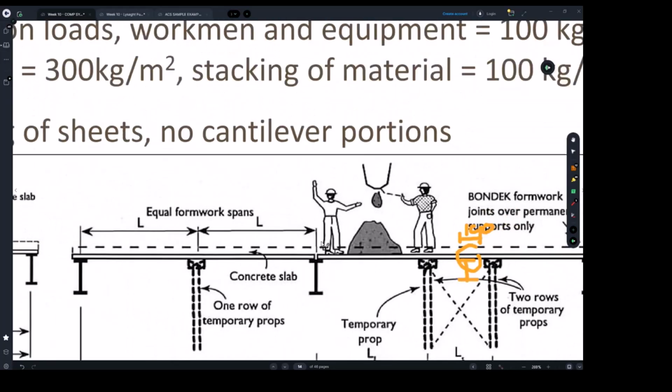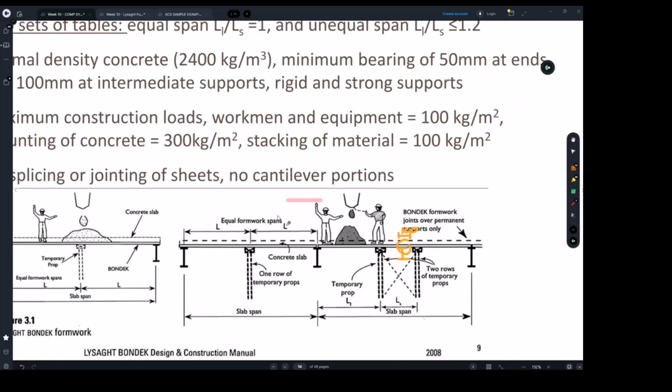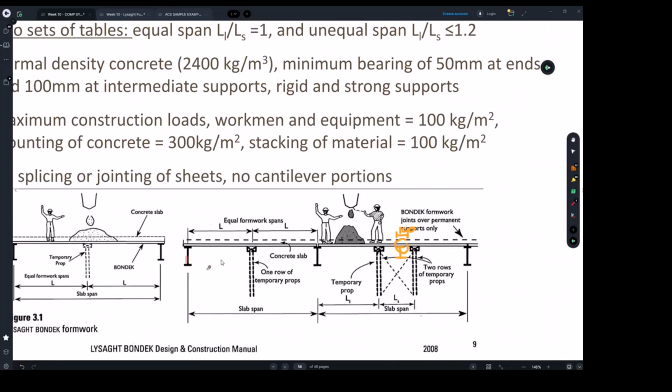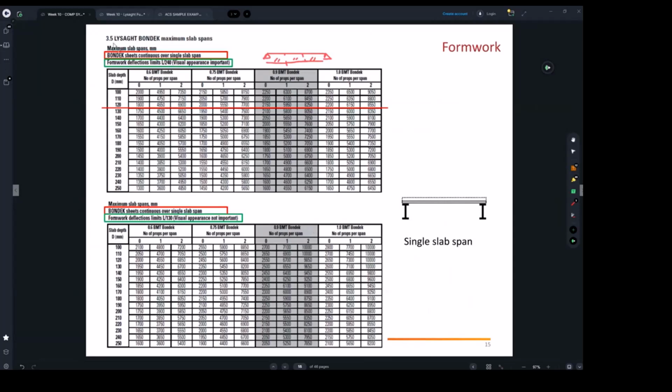You cannot do these kind of things, right? And there are no cantilever portions. It always has to be supported at 2 points. If it's cantilever, then don't think you're going to get advantage from composite action. You can place it there to help you as a formwork, but it won't be the case.